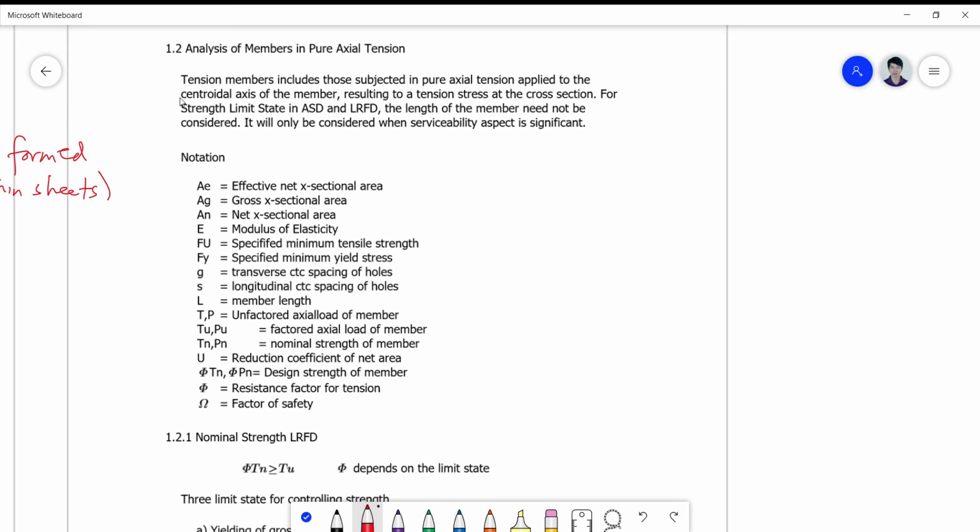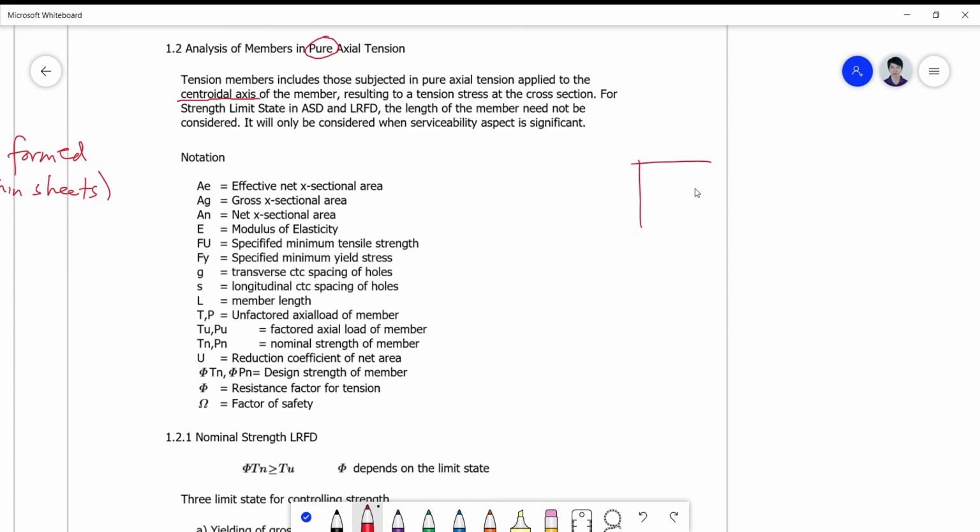Okay, so the point wherein the definition states that the member is subject to a tensile load at the centroidal axis simply restricts your member behavior into a pure axial tension.